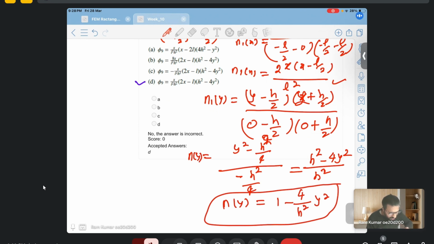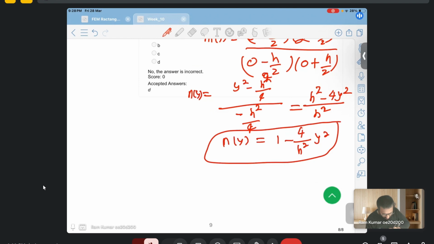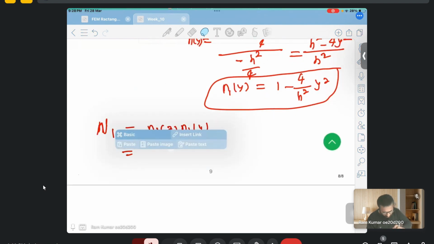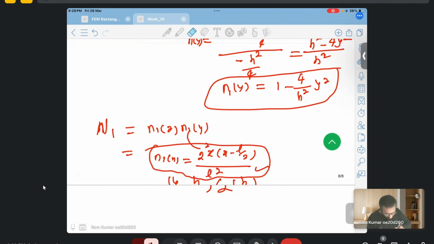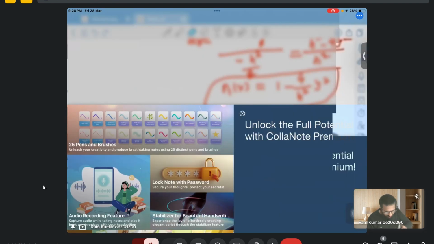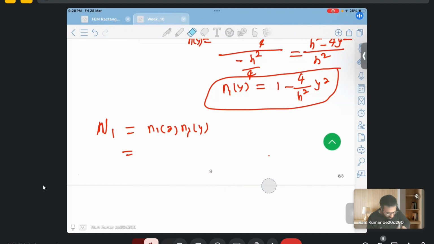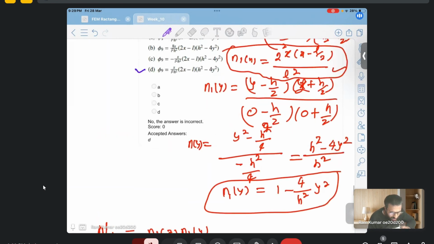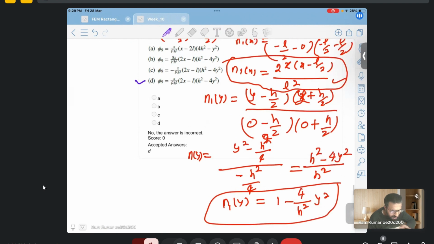So this is our n1. N equal to n1x times n1y.